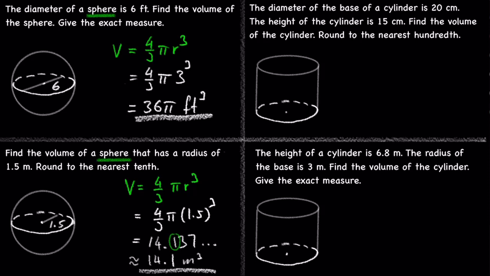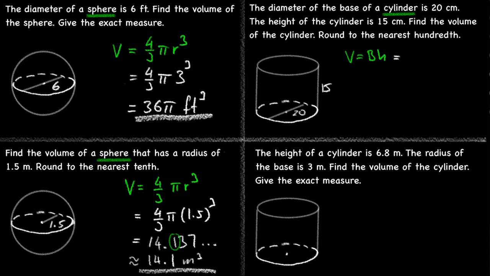The diameter of the base of a cylinder is 20 centimeters. The height of the cylinder is 15 centimeters. Find the volume of the cylinder. Round to the nearest hundredth. The formula for the volume of a cylinder is base times height.